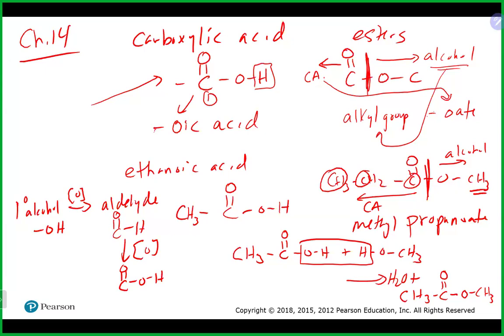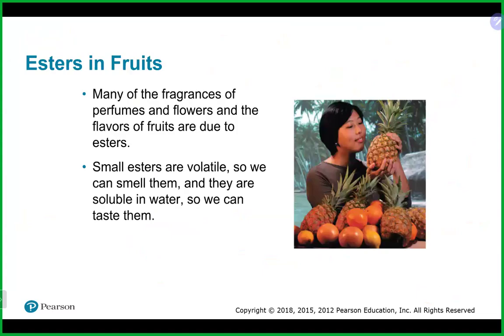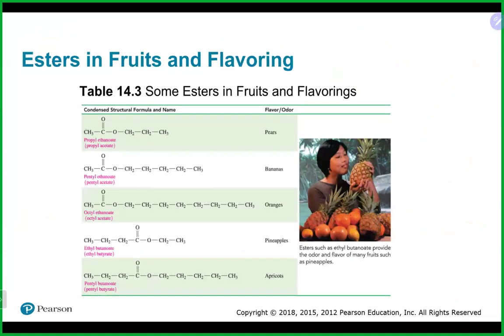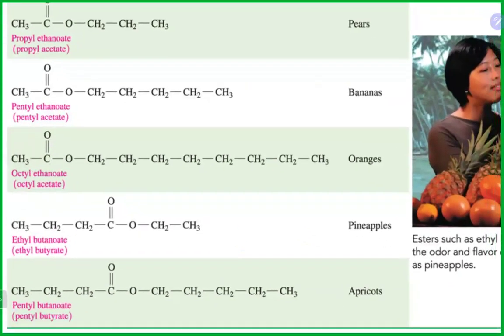Okay. All right. Then let us continue on here. So as we talked about, esters are responsible for a lot of fragrances and perfumes. Smells, also flavors as well, are a result of these esters. And here is a table from your book of some esters.